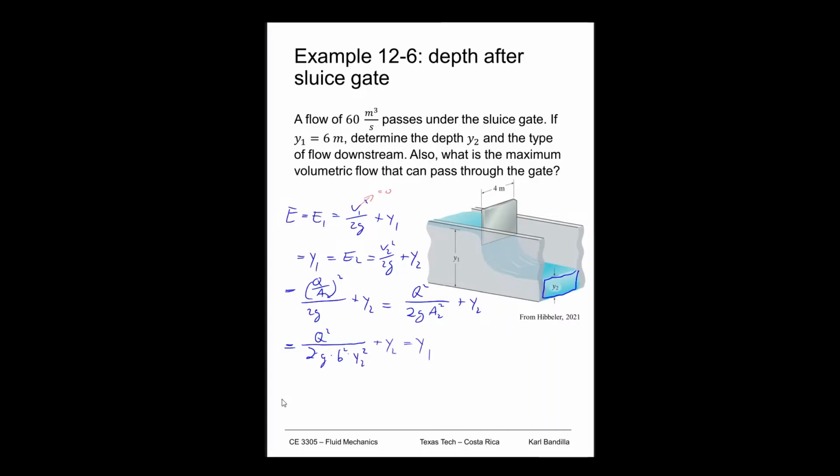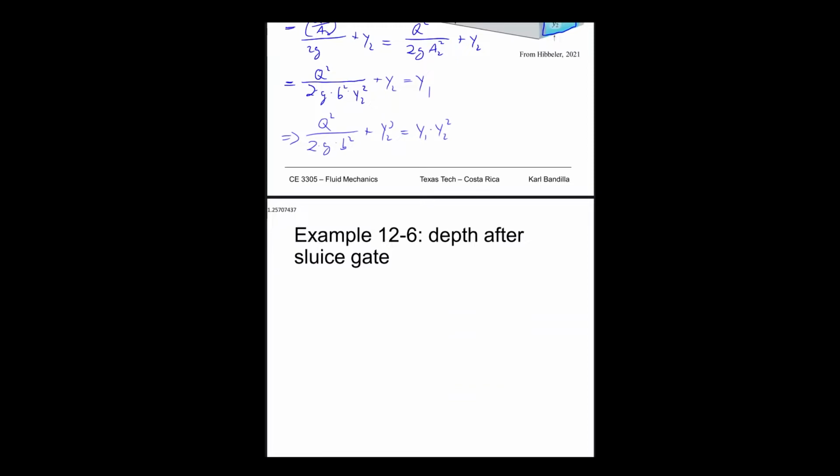All right, so if we multiply all this by y2 squared, we'll get Q squared over 2 times g times b squared, plus y2 times y2 squared, which is y2 to the third power, equal to y1 times y2 squared. So we have a cubic equation.